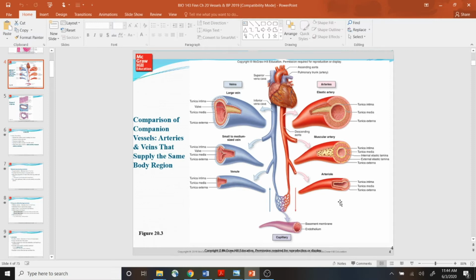It's a small diameter. It's optimized for exchange between blood and the tissue fluid.